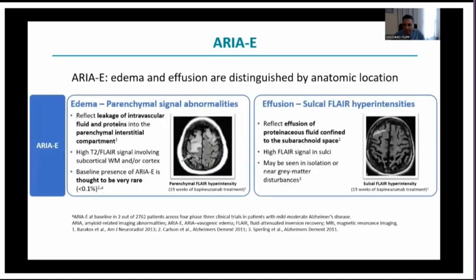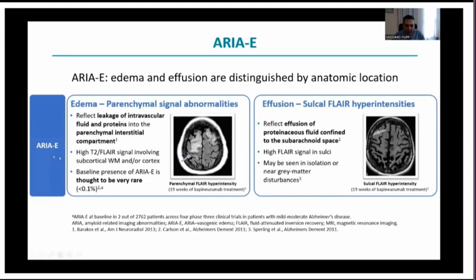Let's see some images in order to better define what ARIA-E and ARIA-H are. ARIA-E stands for edema and effusion, distinguished by anatomical location. In edema, we have parenchymal signal abnormalities due to leakage of intravascular fluid and proteins into the parenchymal interstitial compartment, which results in large lesions in the white matter, which might also involve the gray matter, easily seen on T2-weighted FLAIR sequences.